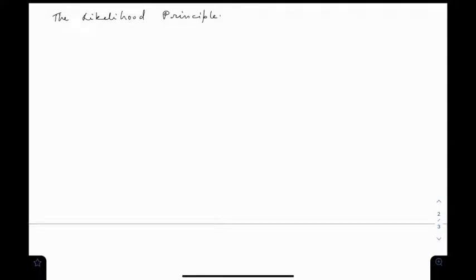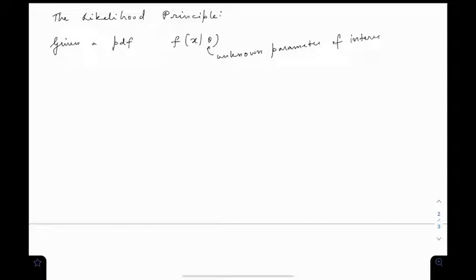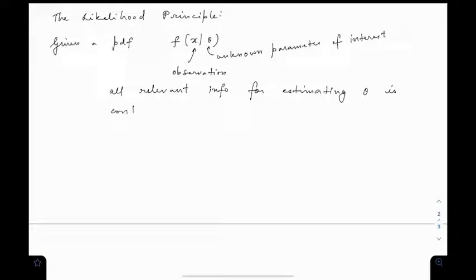The likelihood principle states that given a probability density function containing an unknown parameter of interest, and an observation, all the information relevant for the estimation of the parameter is contained in the likelihood function.